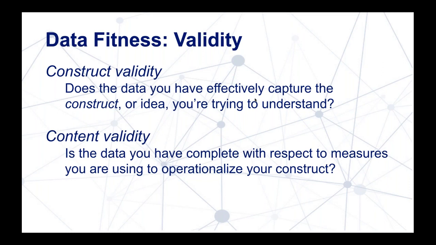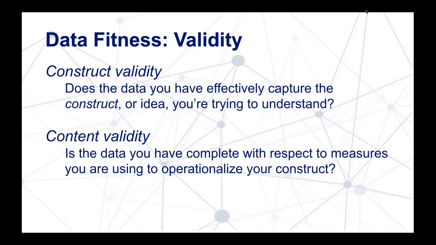So, if we have a set of data and we're saying we're going to try to predict X, the question is, do the parameters that I'm using to operationalize that idea actually connect to it, right? Or are they, and this is always the risk, just proxies for other things? So when we're thinking about validity, it's how well do the data parameters that we have available actually capture the construct, the idea that we're trying to embody with this predictor, with this model?